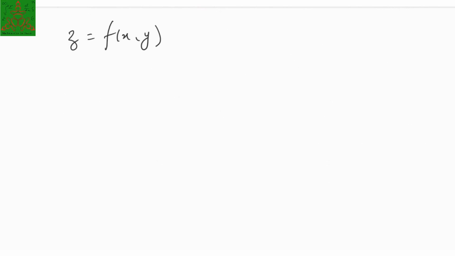It is actually a function. Now I am fixing y equal to y0, and whatever the intersection of these two surfaces is, why I am saying surfaces, because this will represent one surface, this also represents a plane, so they are the two surfaces and they intersect.